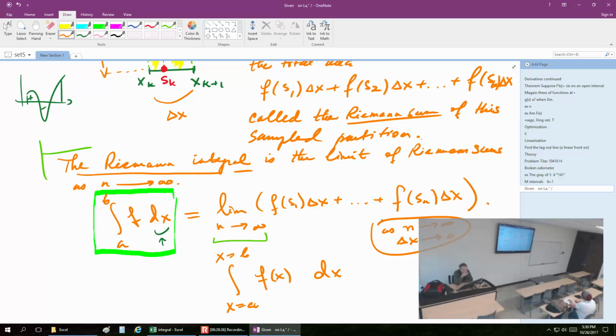So delta x goes to 0, just like with the definition of the derivative. Then the same substitution, kind of a sleight of hand, delta x is replaced with dx. So that's the same trick as with the derivatives.